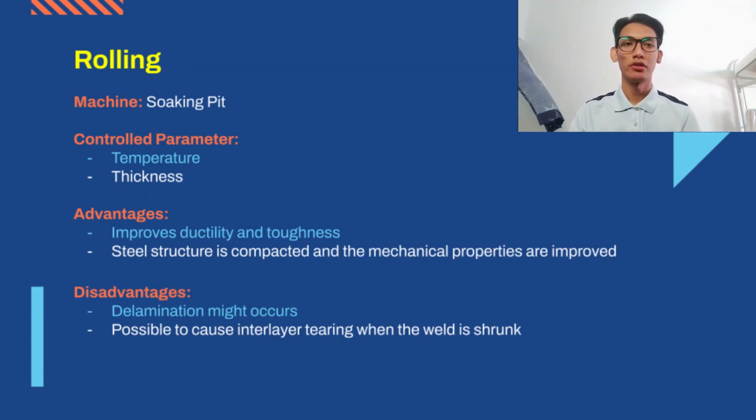For the rolling process, we use the soaking pit machine. The control parameters that we have to look at are the temperature and the thickness. The advantages of this process are improved ductility and toughness, a compact steel structure, and improved mechanical properties.